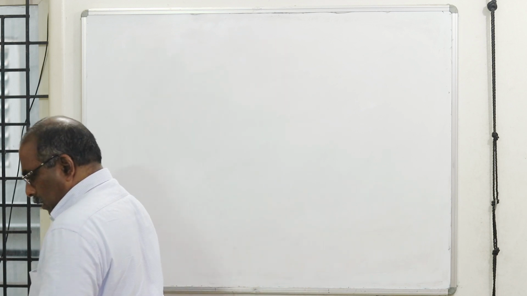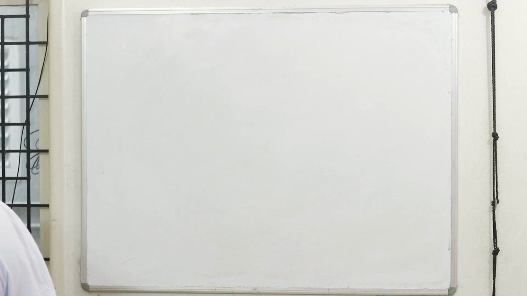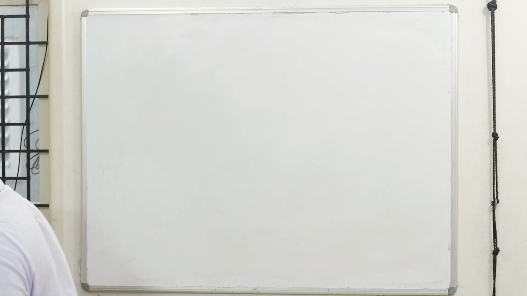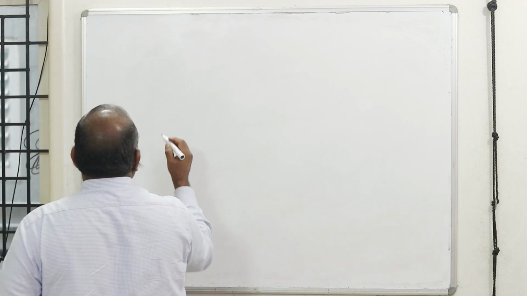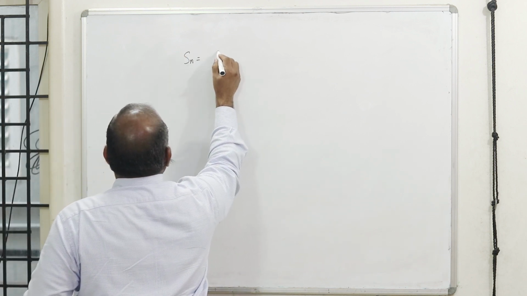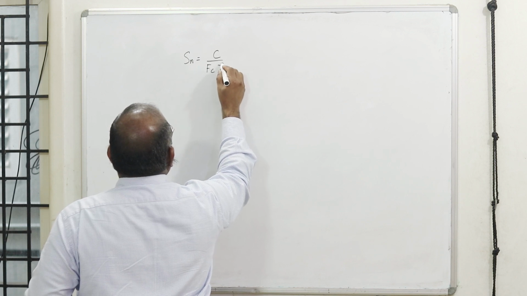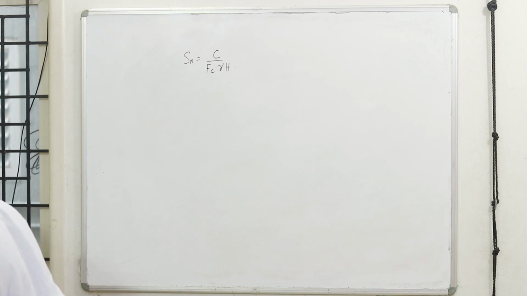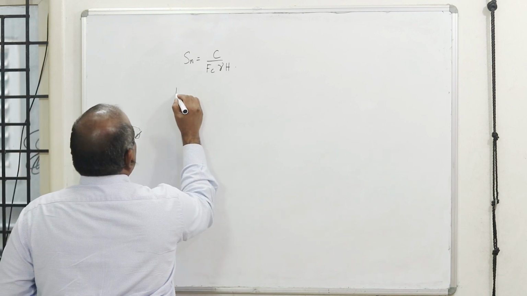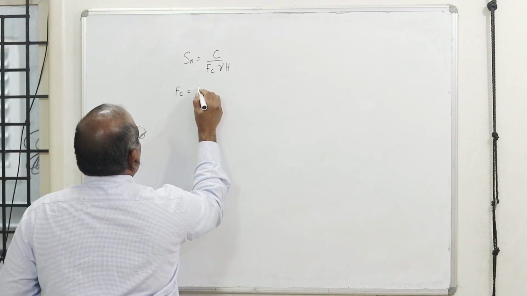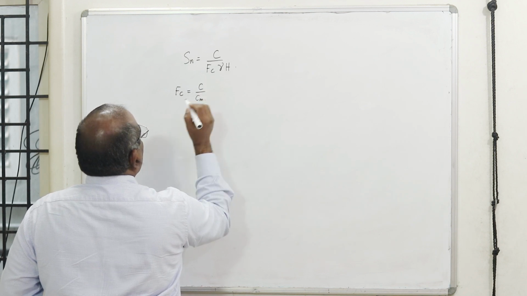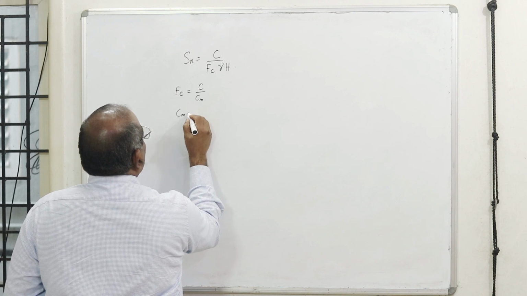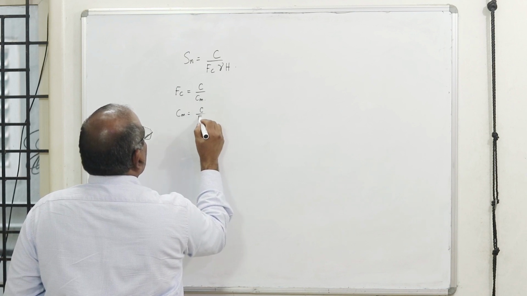Before going to the stability chart which he has prepared, it's also important to know the stability number Sn is equal to C by Fc gamma h. Now I know my factor of safety with respect to cohesion. My Fc is C by Cm. Therefore, Cm is equal to C by Fc.